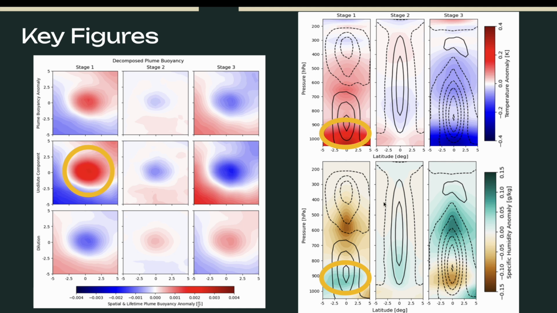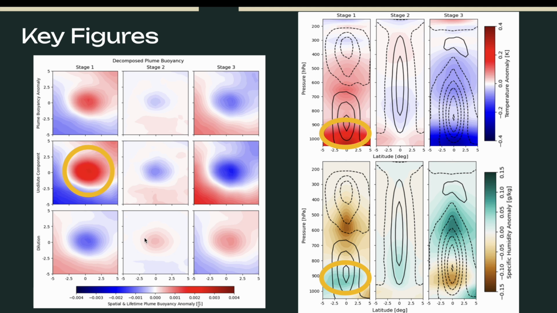And then in stage 2, we don't really see anything that crazy, and it's kind of what we anticipated. You can see here that the undilute component and the dilute component are added together, and they almost nearly are canceling one another out. Not that their anomalies are that strong to begin with.